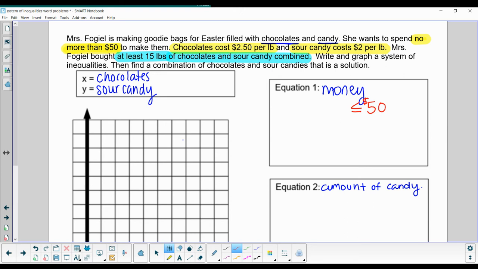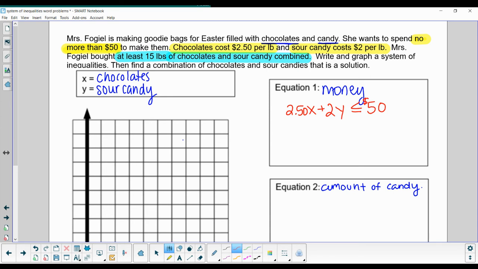If you recall, we were usually doing something like something X plus something Y. But instead of doing that, we can fill in because we know the numbers. So X is chocolates, and chocolates were $2.50 per pound. So $2.50 for X, and then sour candies were $2, so plus 2Y.